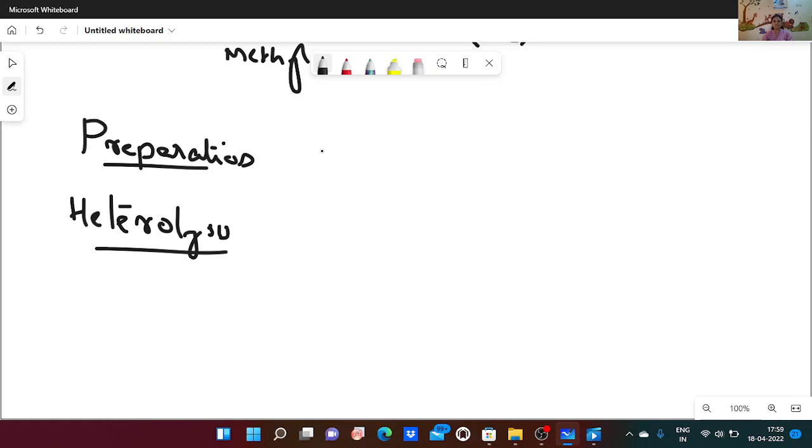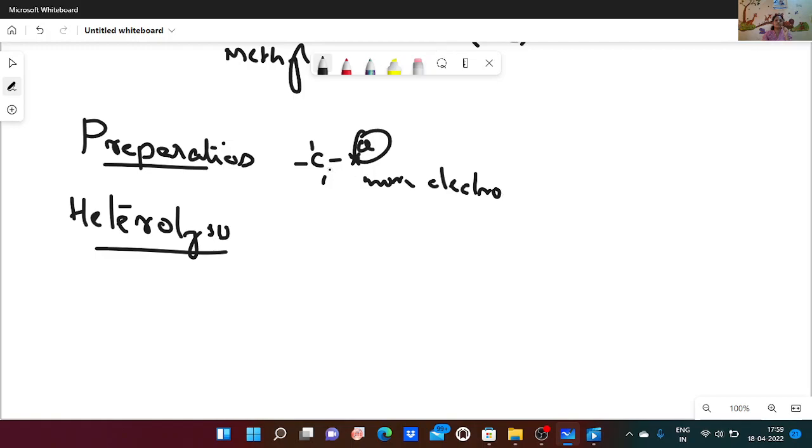So here also you can have heterolysis, but you should remember that in the case of carbocation, just refreshing, the carbon is connected to X, where X means halogen or a more electronegative atom.